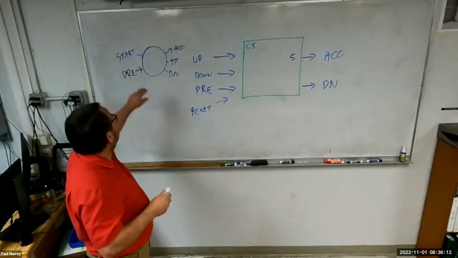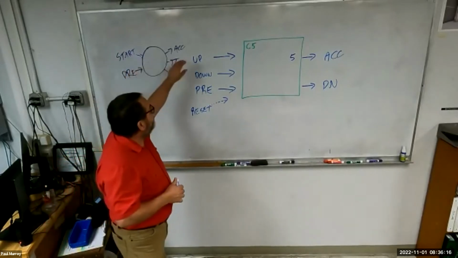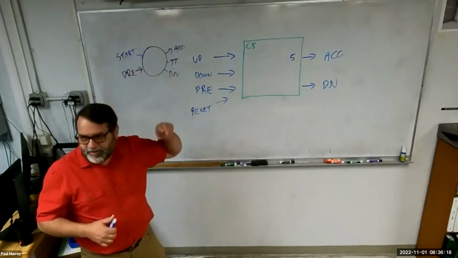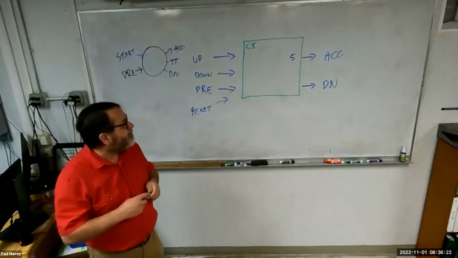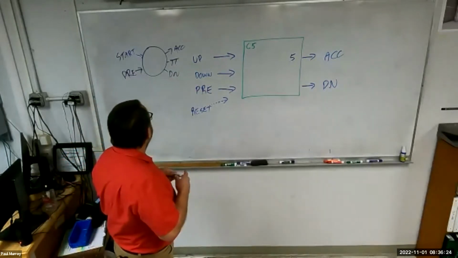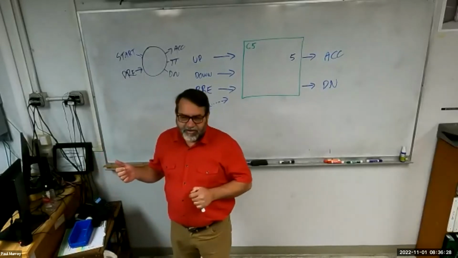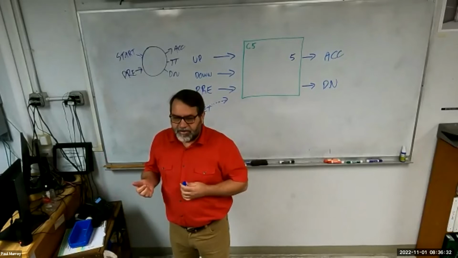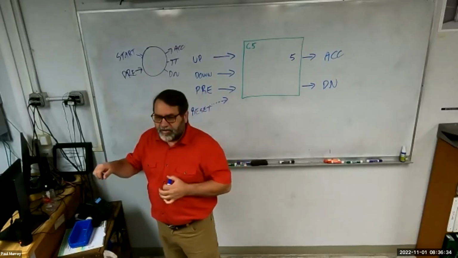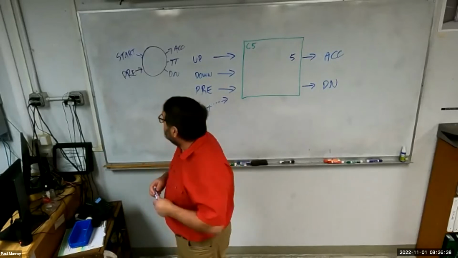So those parts are all the same with timers and counters. The first difference is with timers, we only tell it to start. And with counters, we have to tell it which direction to go, either up or down. So that's the first difference. Another difference is with timers, we have to keep the signal to keep it going. So when you push the start button, you got to either keep your finger on the button or you got to do a seal-in logic or something to keep your timer going.